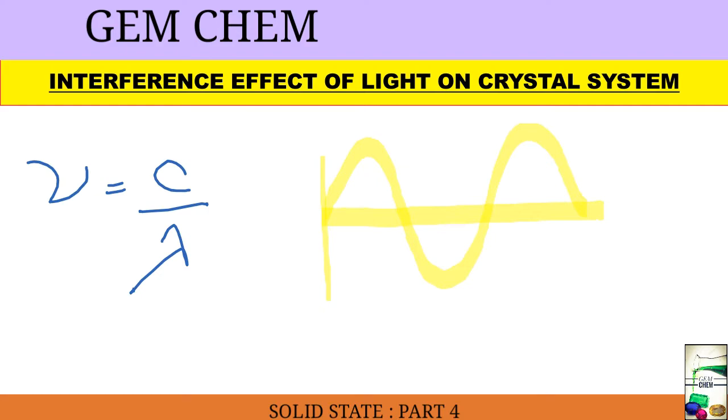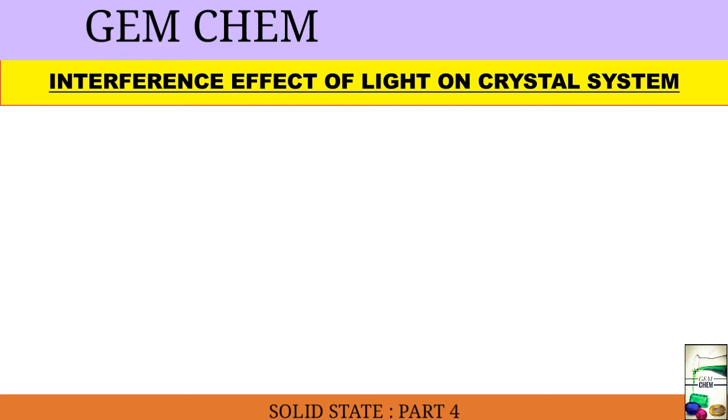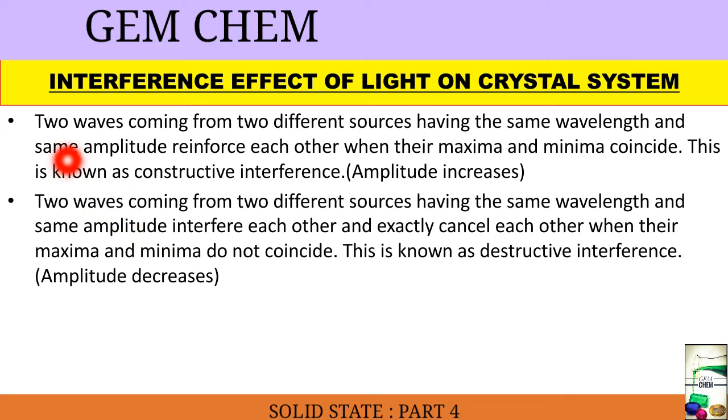So this is important. Now we will see that two waves interact to form destructive and constructive interference. Two waves coming from two different sources having the same wavelength and same amplitude reinforce each other when their maxima and minima coincide, and this is known as constructive interference, where amplitude increases.